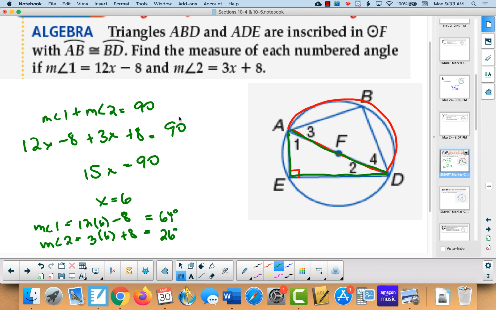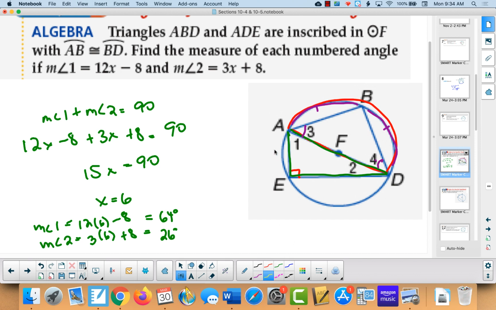When we look at angle 4 and angle 3, they tell us that arc AB and arc BD are congruent to each other, because arc BD is the intercepted arc for angle 3, and arc AB is the intercepted arc for angle 4. That means those angles are going to be congruent.